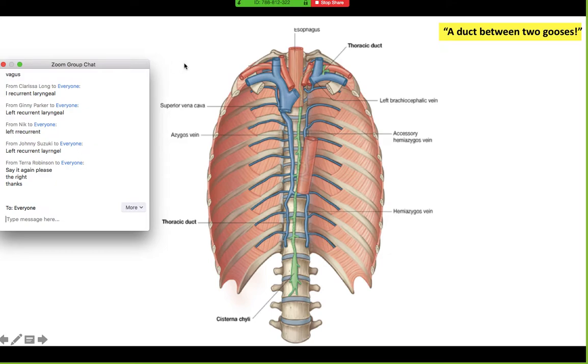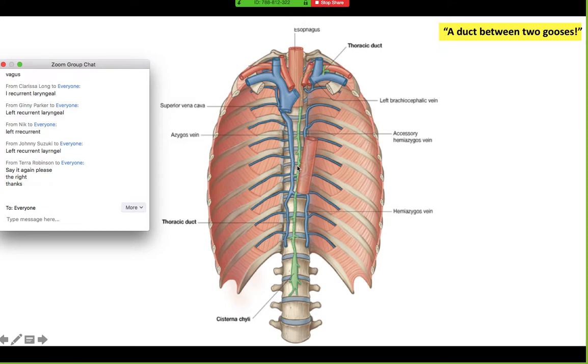So this slide is going to be helpful in a practice question I have coming up. A mnemonic that I like to use is called a duct between two gooses. Last year the thoracic duct was tagged. If you see a structure passing between the esophagus and the azygous vein, it's a duct between two gooses.